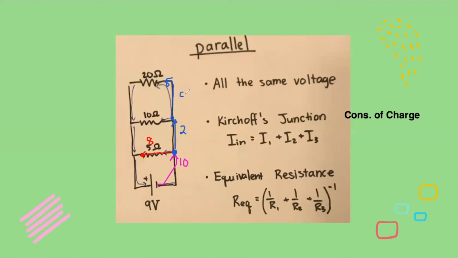So let's say half an amp goes this way and 1.5 amps goes the other way. That's still going to obey Kirchhoff's junction law because 1 amp flowed in, 0.5 amps flowed up, so 1.5 amps flowed left. At every junction, the current in equals the sum of the current out.